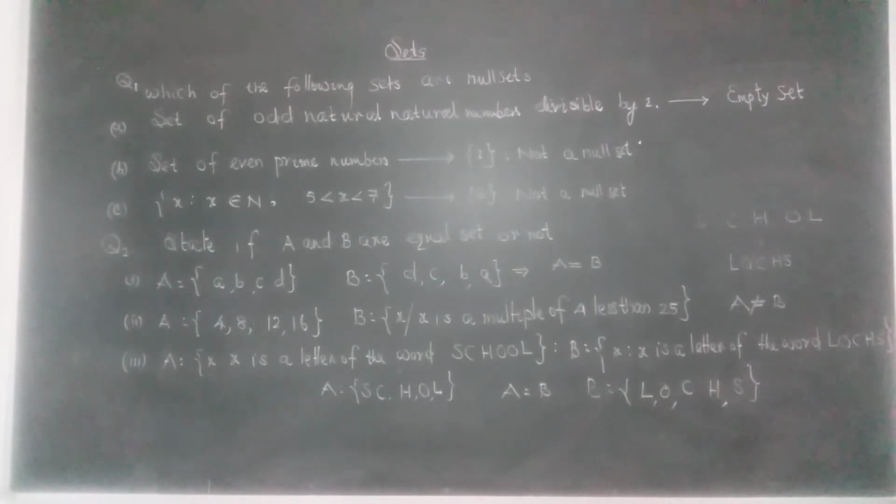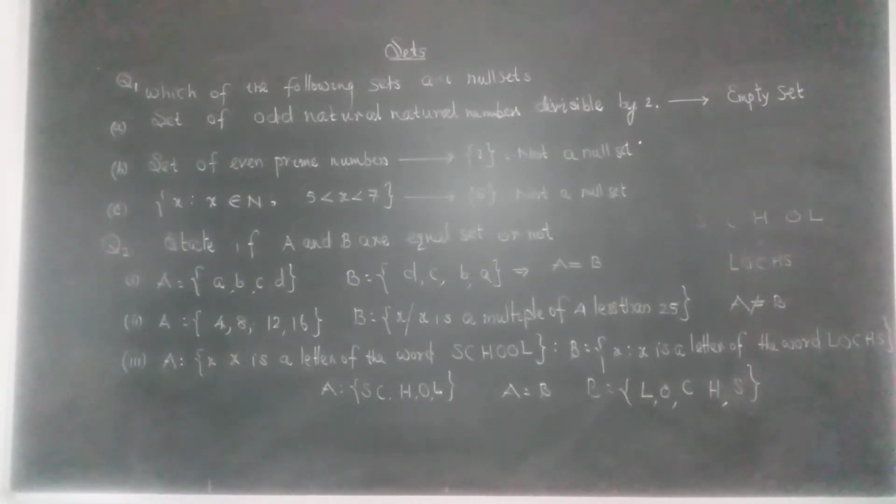At the same time, there is a condition: these numbers should be divisible by 2, which means it must be a multiple of 2. And if you observe, these odd numbers will never be a multiple of 2, which means this set contains no element. So the first example, set of odd natural numbers divisible by 2, is an empty set or a null set.